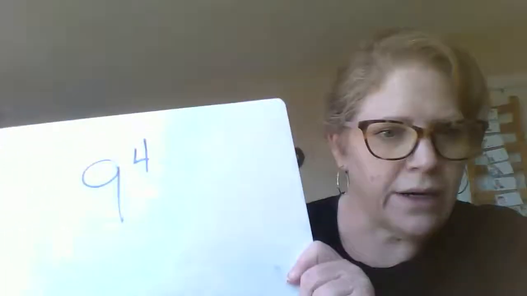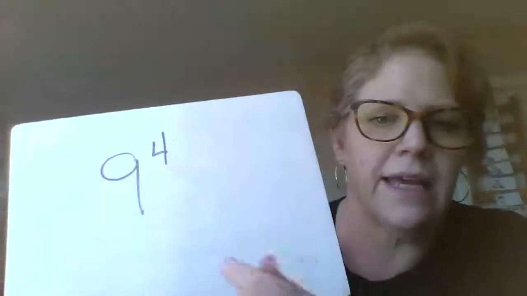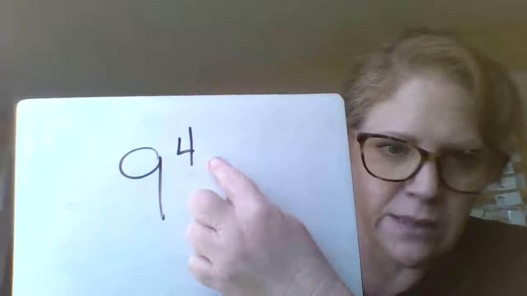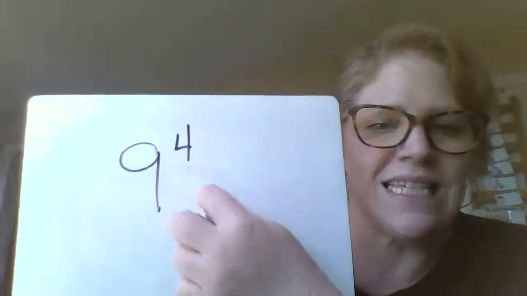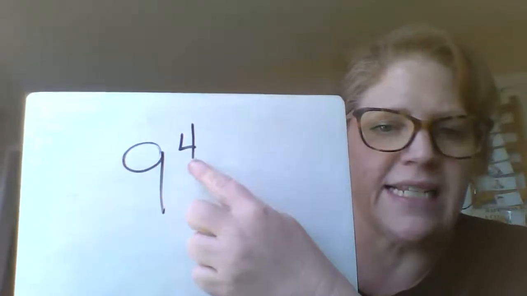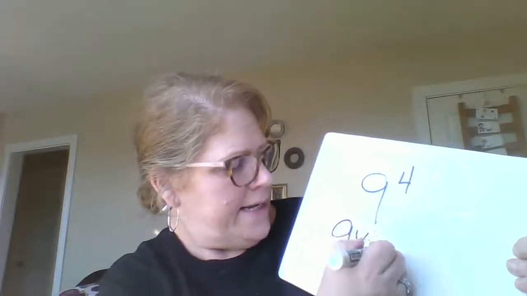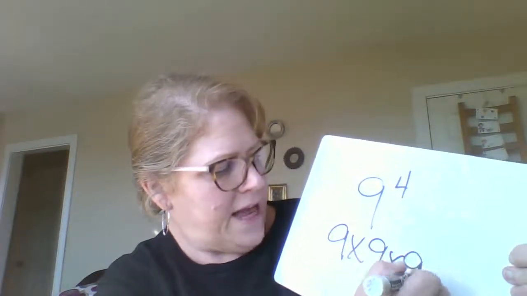Now, the biggest thing that I want you to remember when you are working with exponents is that never, ever are you multiplying the base times the exponent. This does not express 9 times 4. It never does. It expresses 9 times 9 times 9 times 9.